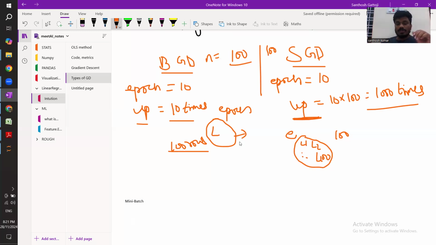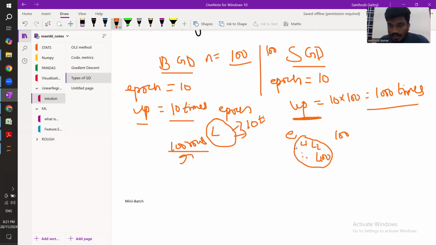If you're thinking about time, 100 losses are calculated here, and here also 100 losses are calculated, but at once in batch and individually in stochastic. So time is consumed. But in batch it does only one update per epoch, so only 10 updates.